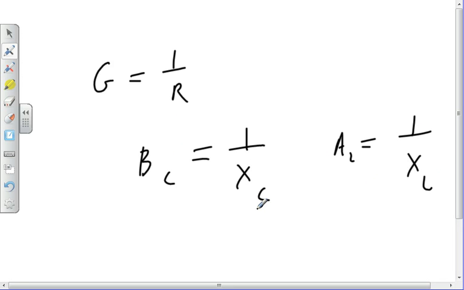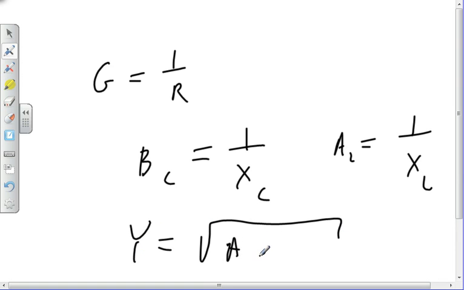So those things won't be on the final exam. But they do combine into a capital Y that probably has its own name. It's the square root of G squared plus BC squared for a circuit that's RC. And what is that called? I don't know.